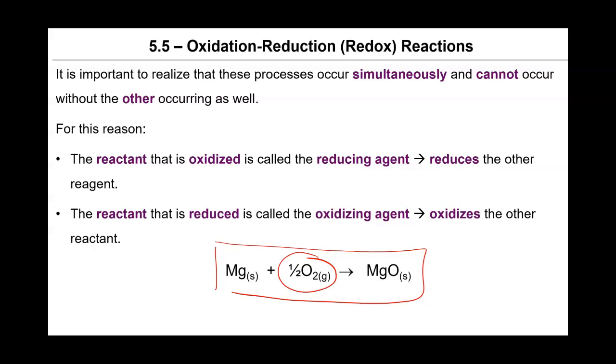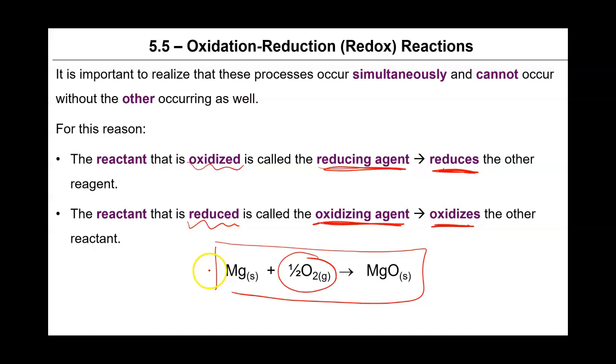For this reason, we say that the reactant that is oxidized is the reducing agent because it causes the other reactant to be reduced. And the reactant that is reduced is called the oxidizing agent because it causes the other reactant to be oxidized.